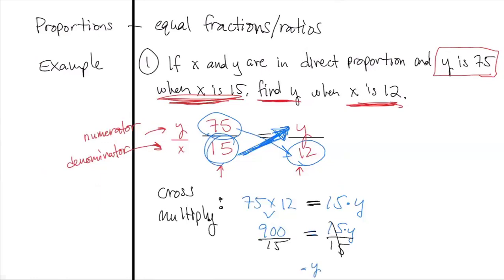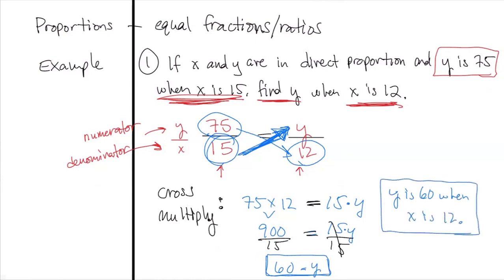Y equals 900 divided by 15, which is 60. So find y when x is 12. Y is 60 when x is 12. Y is 60 when x is 12.